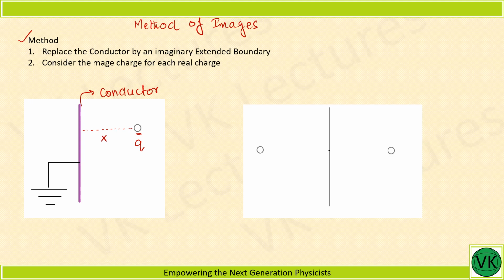Then how to find the image of this? The problem is this: here is the point x, and this is the charge q. Now we have to replace this conductor by an imaginary extended boundary, which acts like a mirror.